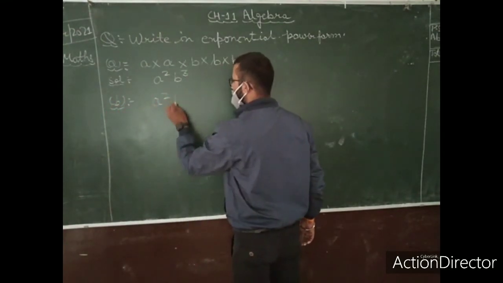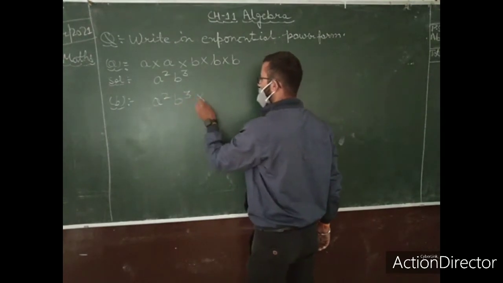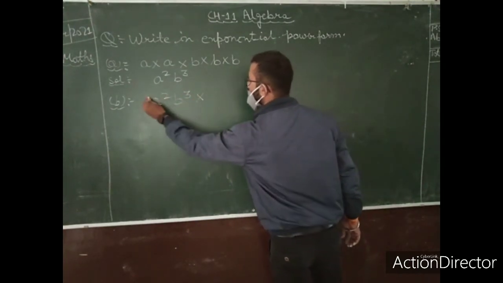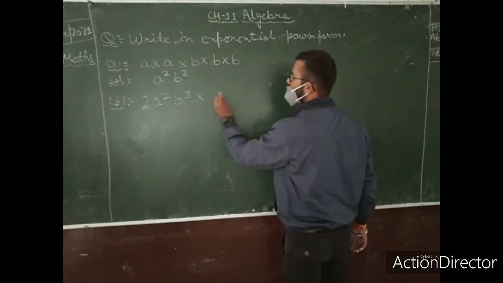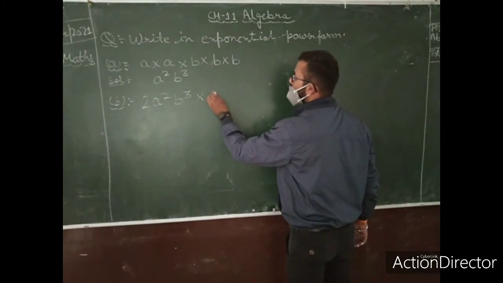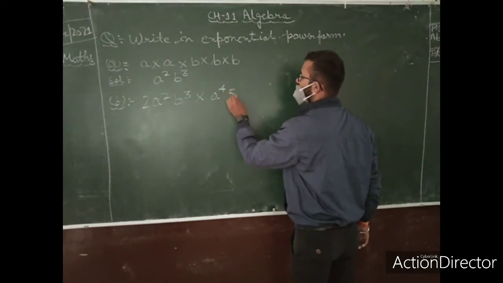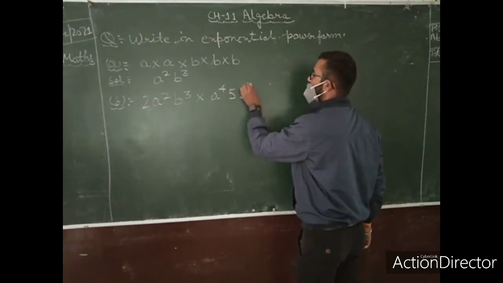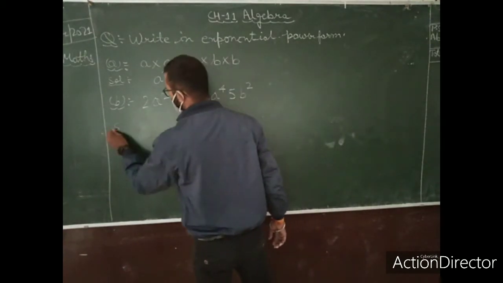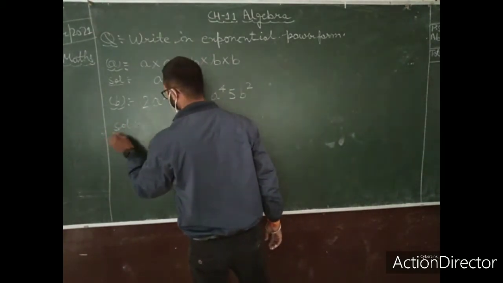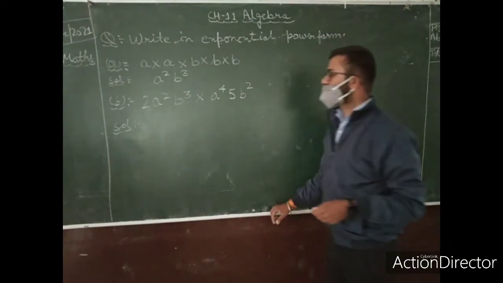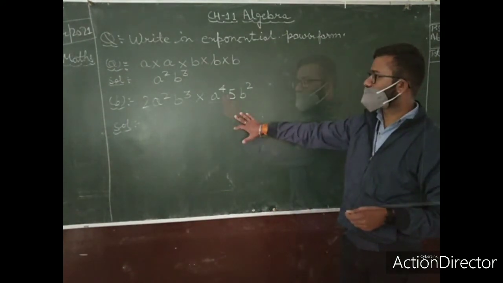Now example number b: a to the power 2 b to the power 3 multiplied by 2 a to the power 4 b to the power 2. Now how can we write this in product form?